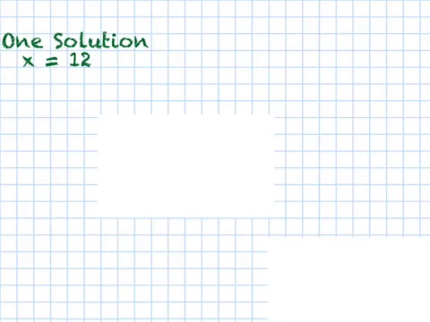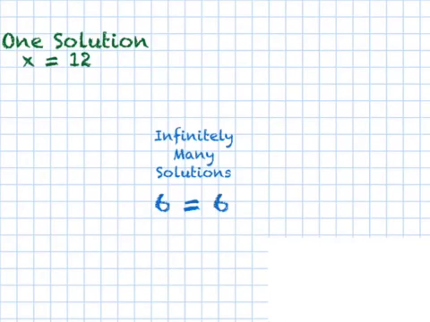Now, just like with graphing, we have 3 different options here when looking at these problems. Sometimes you will get one solution, x equals something. That means that you will have one solution, then you need to go plug it back in and figure out what your y is. Just like with graphing, we can also have infinitely many solutions.